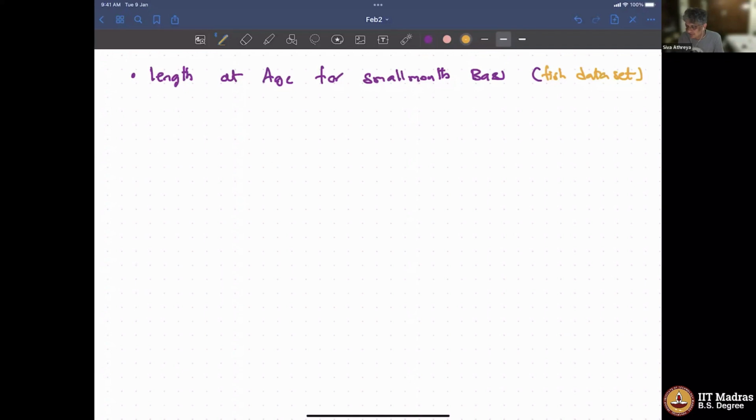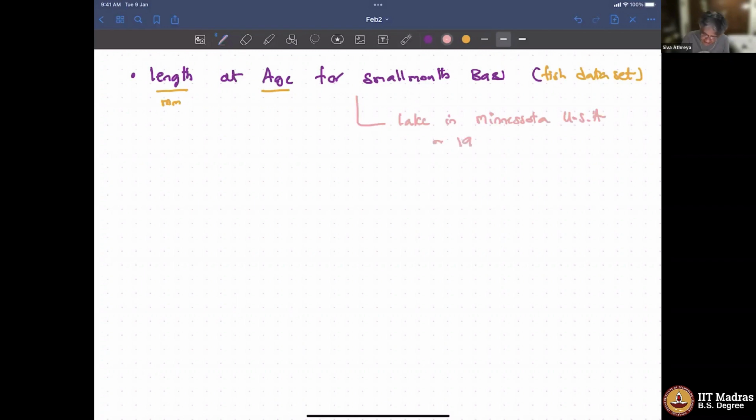You understand how length affects the age. Length is measured in millimeters, and age is, let's say, in years. The whole data set is from a lake in Minnesota, USA.